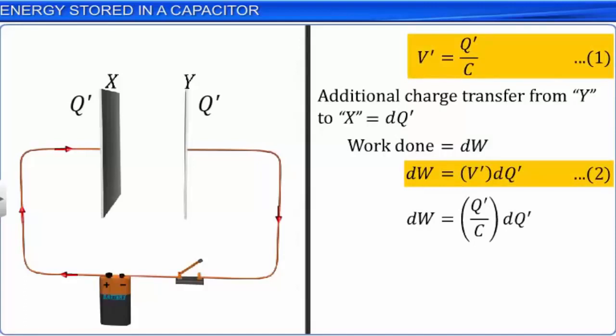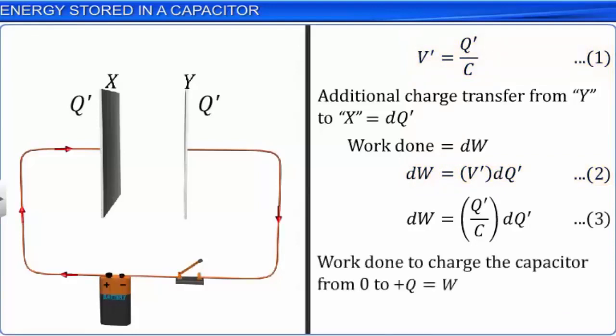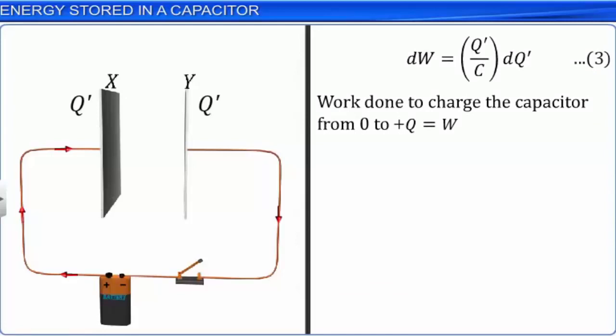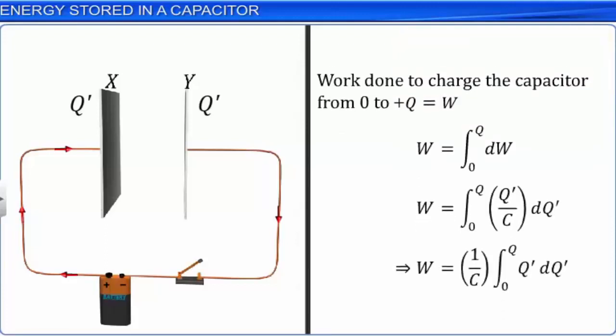Now, let us calculate the total work done W to charge the capacitor from 0 to a total charge +Q. We know that W is equal to the integral of dW in the limits 0 to +Q. Substituting the value of dW from equation 3 in the above expression and simplifying further, we get W is equal to Q squared by 2C.